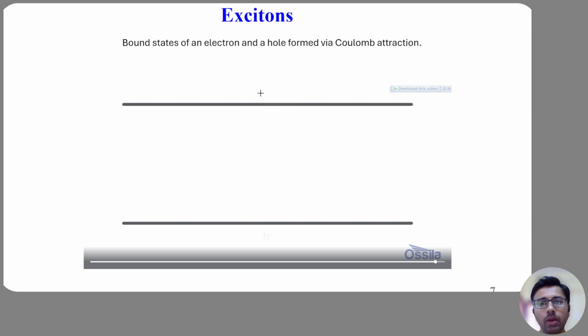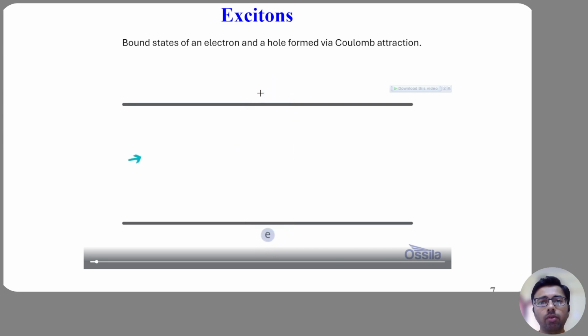Under suitable conditions, the electron and hole do not immediately separate. Instead, they remain bound together and orbit one another. We define an exciton as a bound state of an electron and a hole formed through Coulomb attraction.